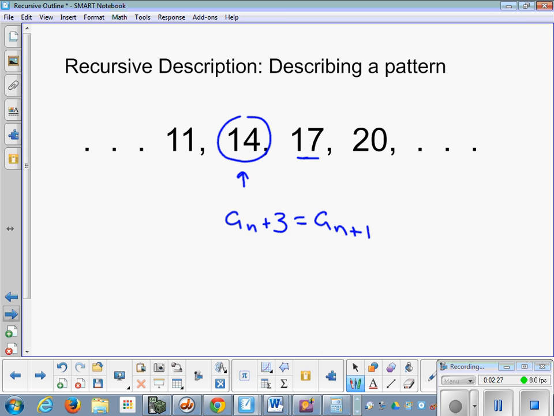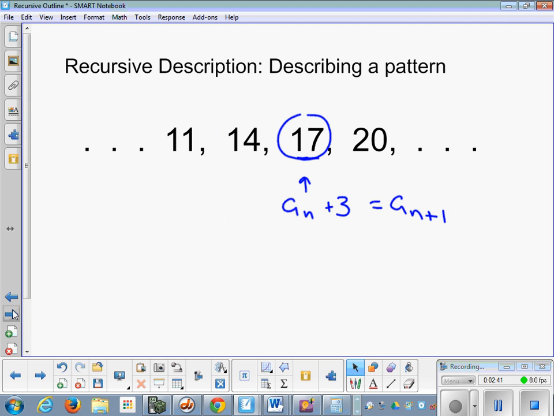And I can do the same thing if I started at 17, add 3, I get to 20. Somebody else might say, I don't want to start at 14, I started at 17. Well, your pattern is the same. This person who called 17 the nth term and wants to make 20 the n plus 1th term, the next term, they added 3 as well.